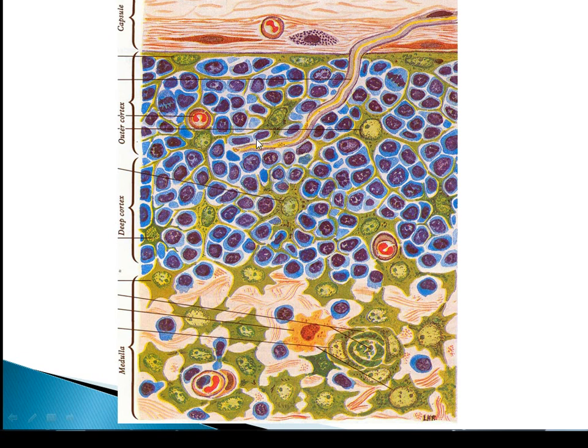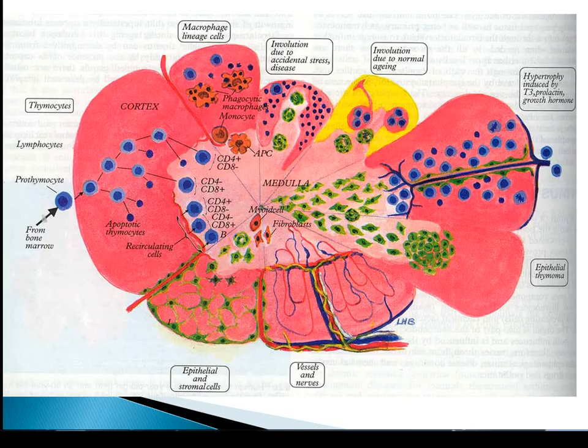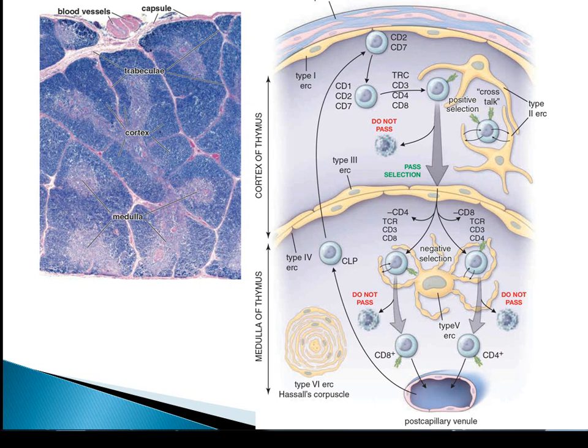T lymphocyte precursors that come from the bone marrow leave the bloodstream at the medulla from the wall of the postcapillary venules. They migrate into the outer cortex, where they are known as thymocytes.